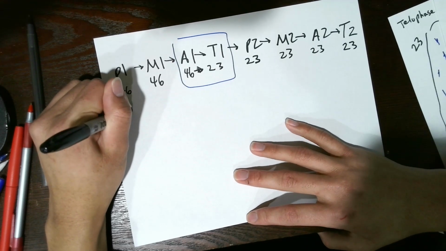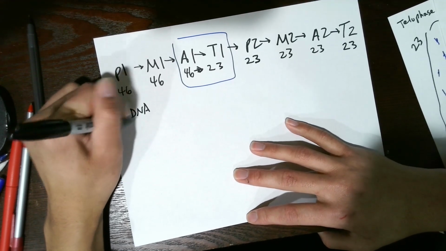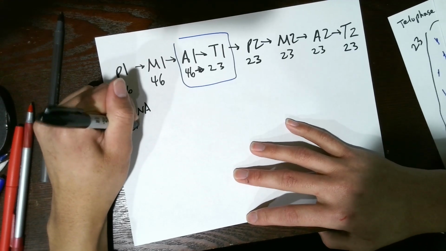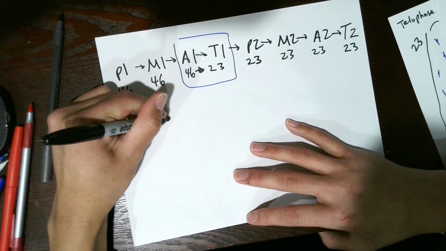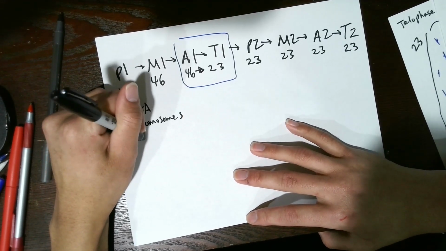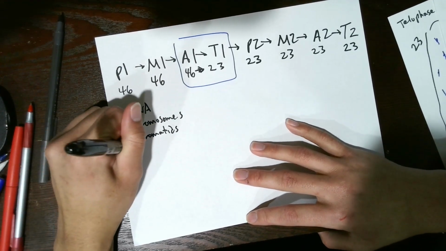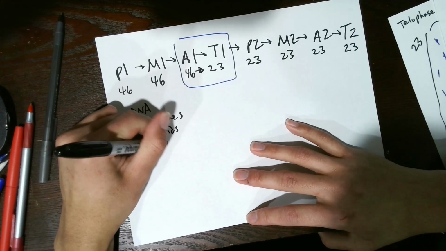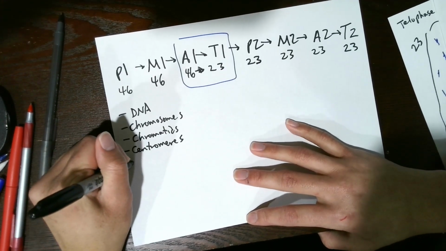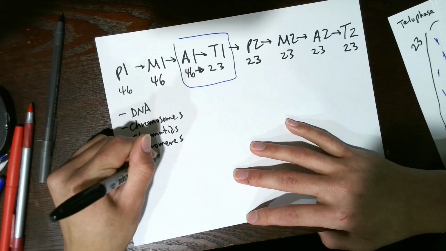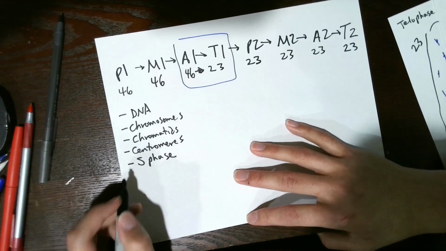So what did we talk about? We talked about DNA. We talked about chromosomes. We talked about chromatids. We talked about centromeres. We talked about the S phase, right?